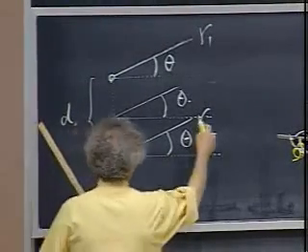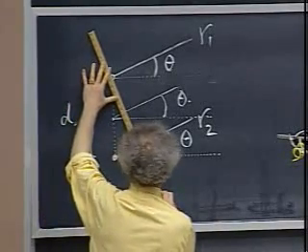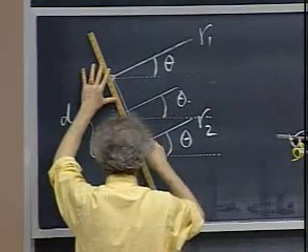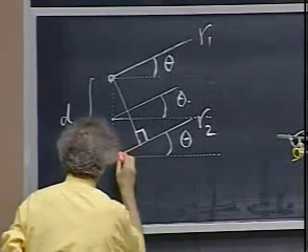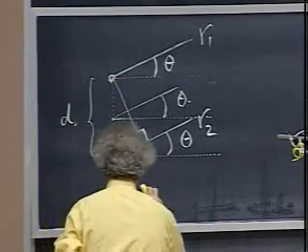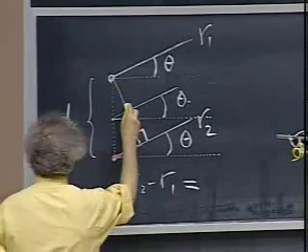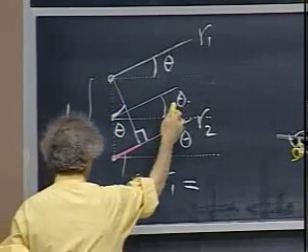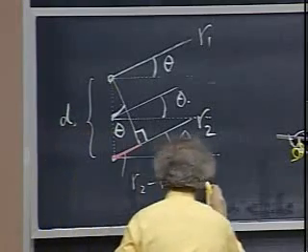If I want to know what R2 minus R1 is, that's very easy now. I draw a line from here, perpendicular to this line, and you see immediately that this distance here is R2 minus R1. But that distance is also, you realize that this angle is theta, it's the same one as that one, so that distance here is also d sine theta.